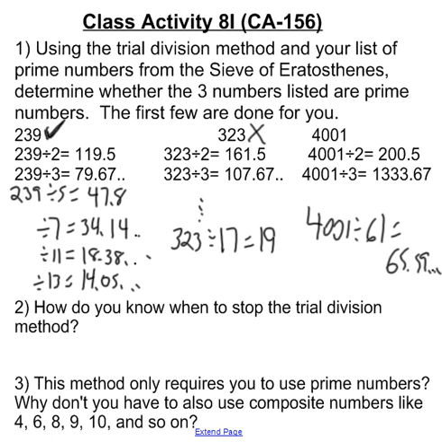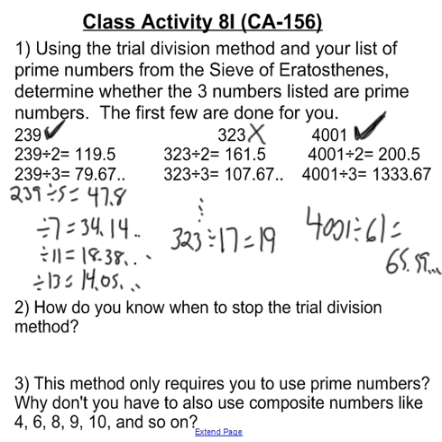Well, my next prime is 67. So there again, I flipped beyond my quotient and my divisors there, so I know that 4001 is prime. So I don't have to check anymore.